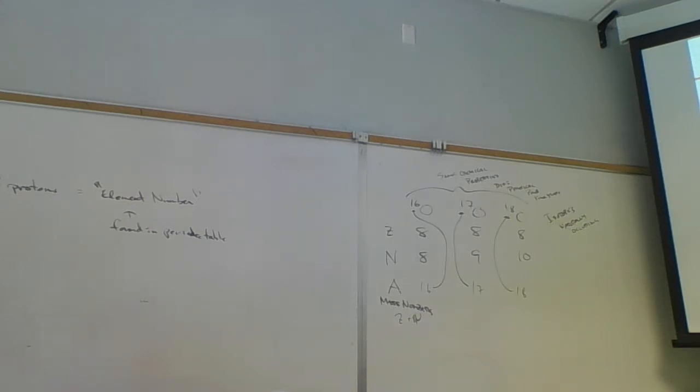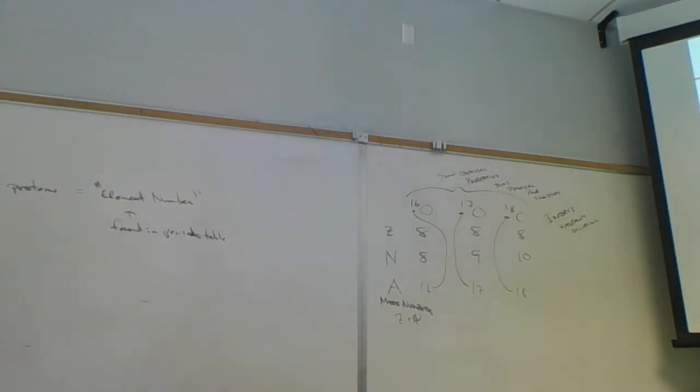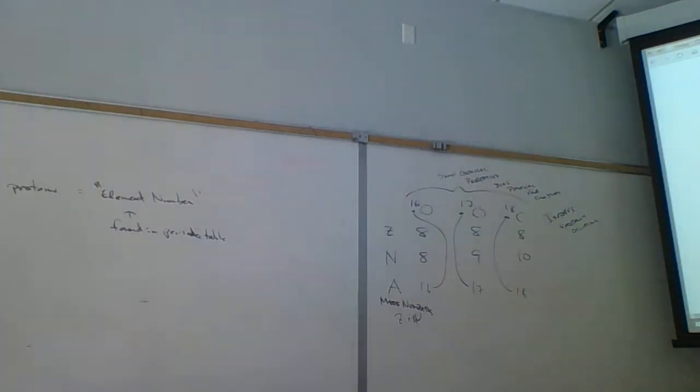Not everything has isotopes. When we look at the periodic table, is there any way you can tell that there are 3 different oxygens? No. There's no way you can tell, necessarily.